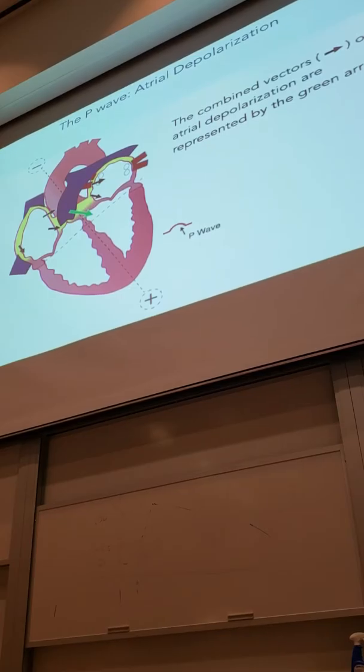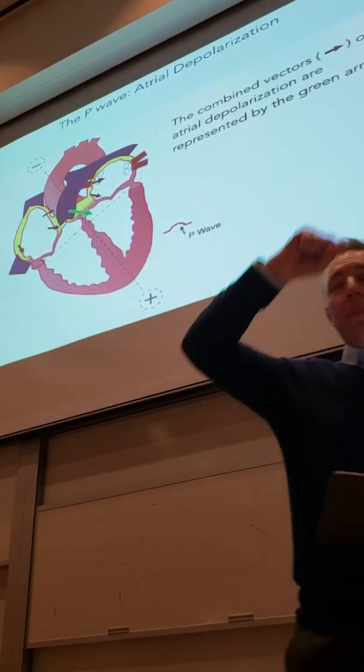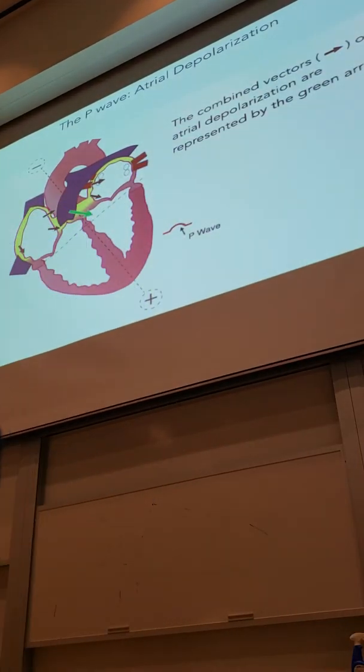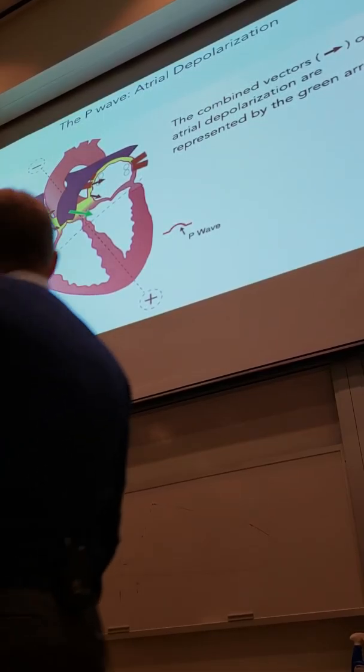All right, we've got some downward movement, some leftward movement. Remember, left is 2, right? And how does this green arrow, this vector, compare to the lead? What would you say about it? Is it in the direction of the lead? More or less, right?